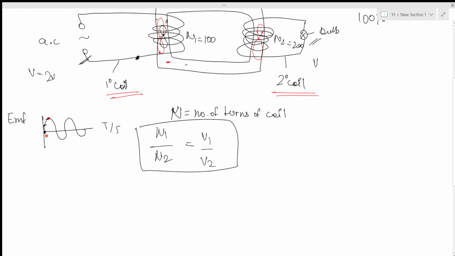What is the voltage received by the bulb? You can calculate using this formula. Make V2 the subject: V2 is V1 times N2 divided by N1. So V1 is 2 times the number of turns in the second coil, 200, divided by the number of turns in the first coil, 100. So the voltage delivered will be 4 volts, and we are assuming that no energy is lost.